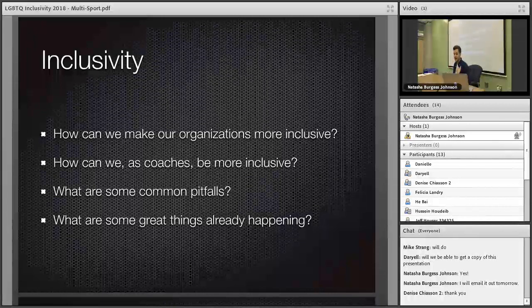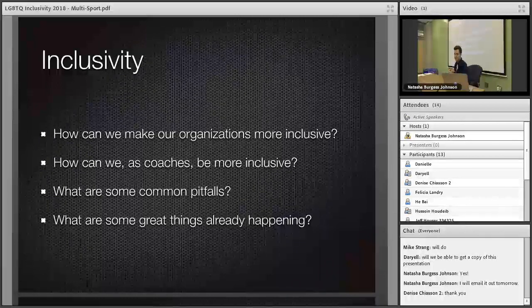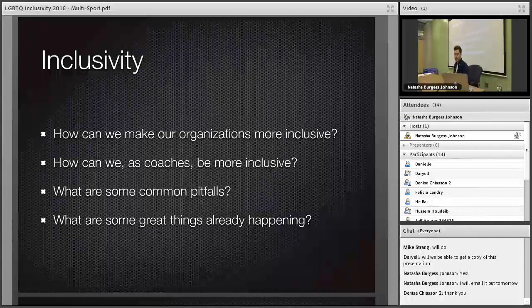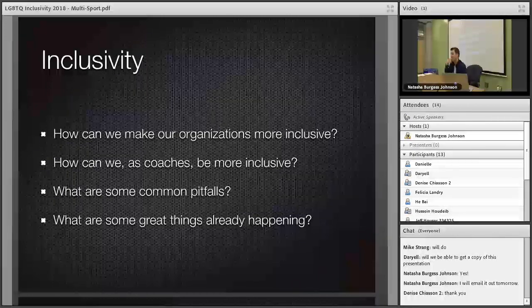So things like policies on how to integrate trans athletes, and not put somebody in a compromising position or situation. That's an example. Does anybody have any other examples of what they can do to make it more inclusive? You can put team there instead of organization. I think that works just as well.